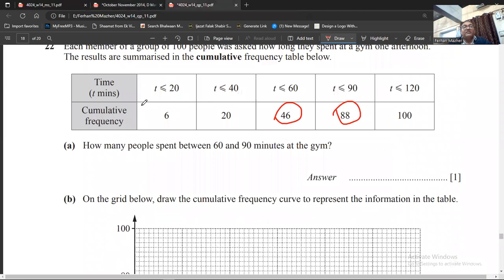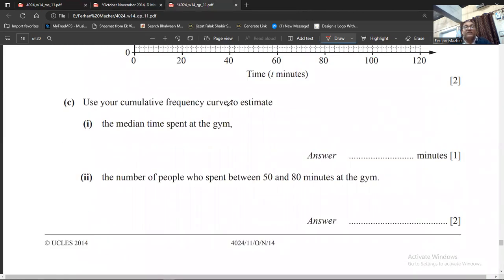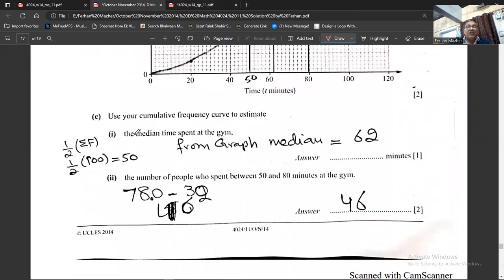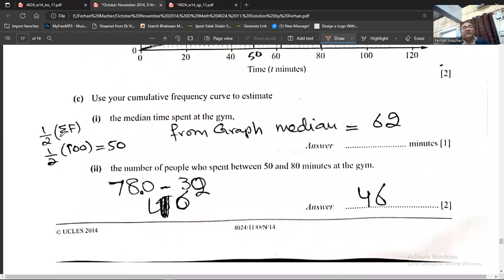Then we have some questions on it. Use your cumulative frequency curve to estimate the median time spent at the gym. You know the median is equal to 1 by 2 into the summation f. That's 1 by 2 into 100, that's 50.